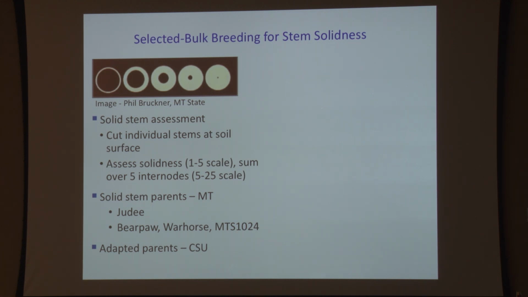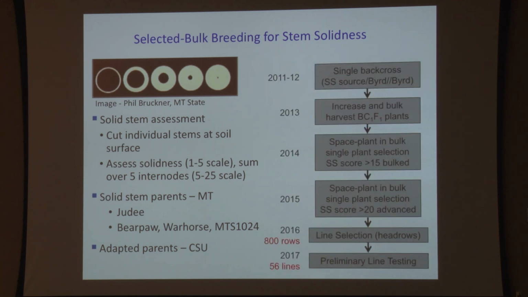So a 0 to 25 scale. Scott has used principally Judy, Bear Paw, Warhorse, and MTS line in his crossing to adapted parents here.